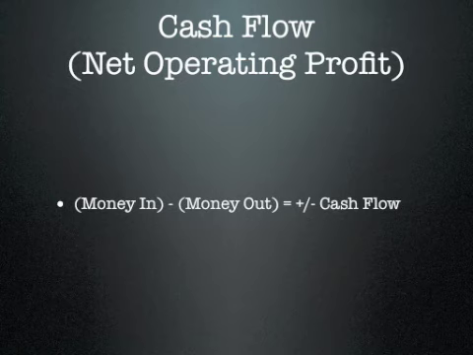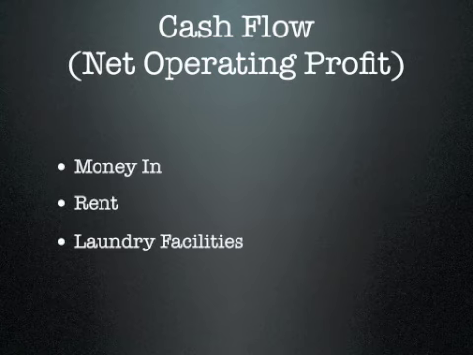Here's that big complicated formula for you. Money in minus money out equals cash flow. So if you got more expenses than are coming in, you got negative cash flow. Now, items that are covered in the money in area are actually fairly limited.